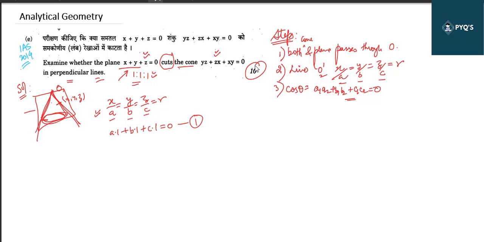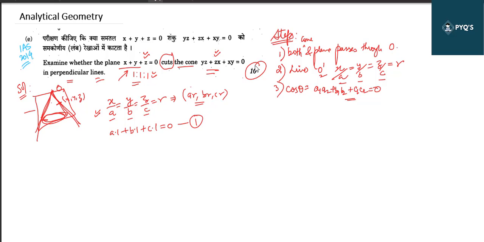The next condition will be that this point x satisfies the cone. So general point here is ar, br, cr. This point should satisfy the equation of cone because this point lies on the cone in the plane.